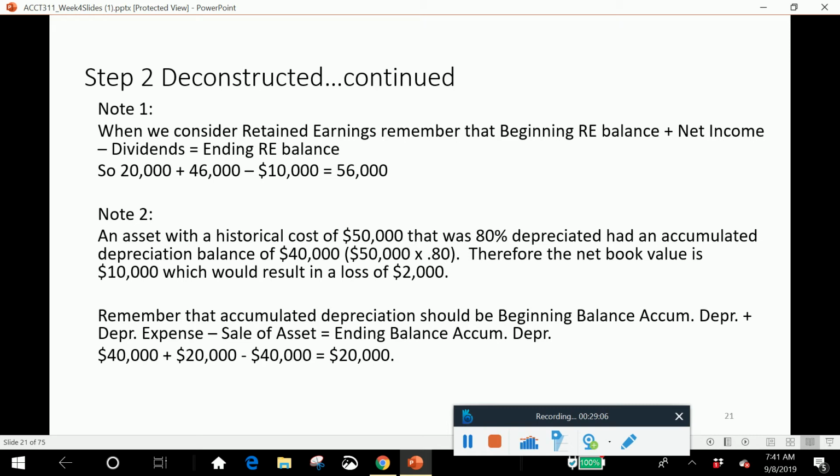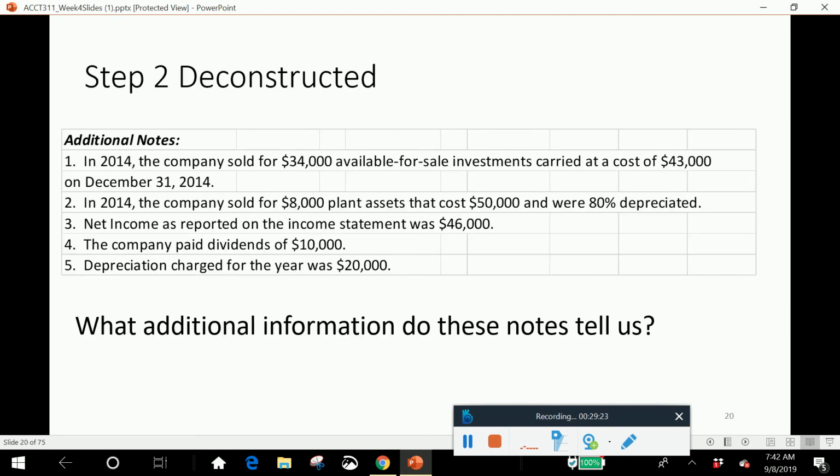However, we know that the ending balance on the balance sheet was only $56,000. Therefore, that must mean that we had dividends of $10,000 during the year. It also says here in additional note 4 that the company paid dividends of $10,000 during the year. So we've been able to reconcile our retained earnings balance.